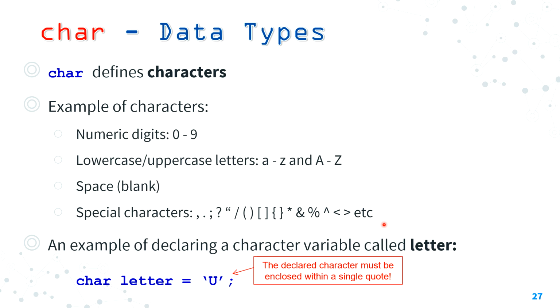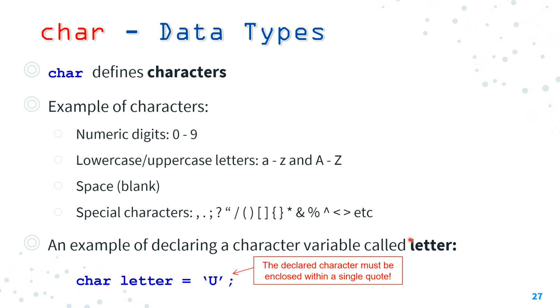Examples of characters include digits from 0 to 9, lowercase and uppercase letters like a to z and A to Z in capital, spaces, and special characters such as exclamation mark, question mark, the percentage, or the asterisk.